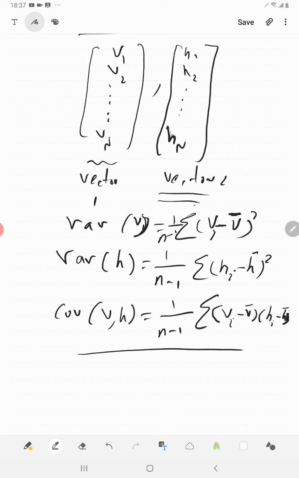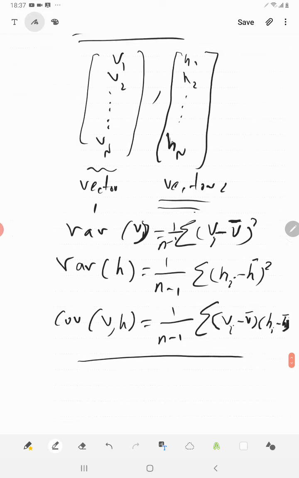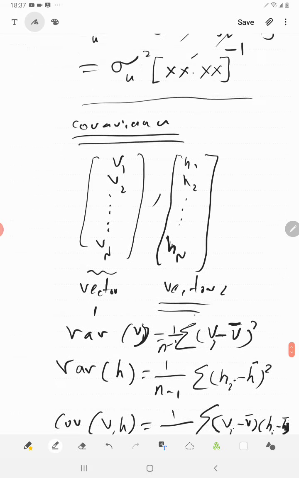We can say it's the sum of the covariance between, and I'll show you how we do it.